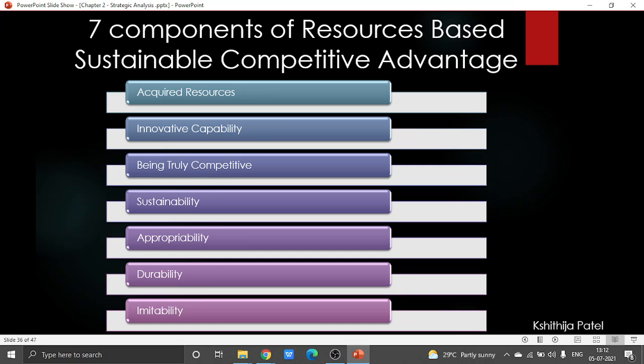The first one taken into consideration is the acquired resource. This speaks about the resources the organization has in its hand for its own benefit, and whether the resources that it owns can be used for bringing some kind of competitive advantage.